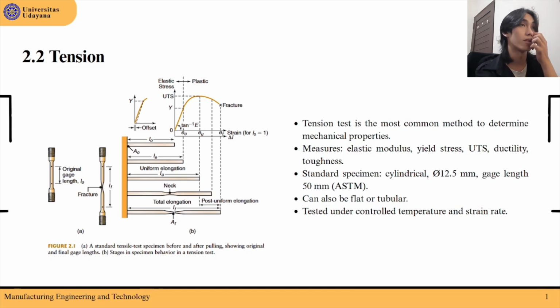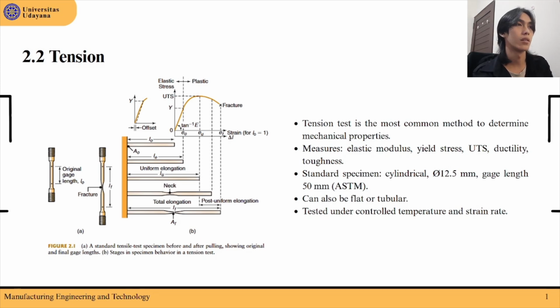You can see in this image the specimen with a cross in the middle of the specimen, like a broken crack. The test is conducted under controlled temperature and strain, and the outcome is the stress curve.